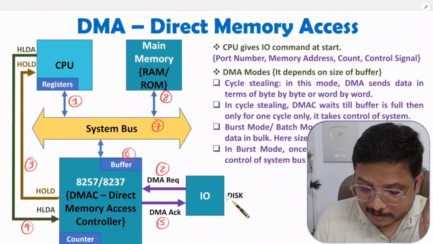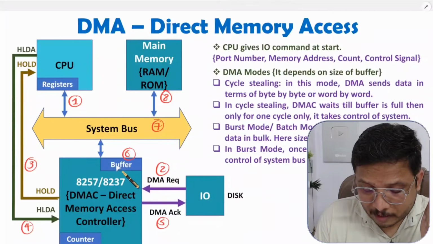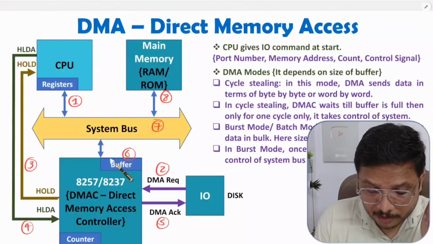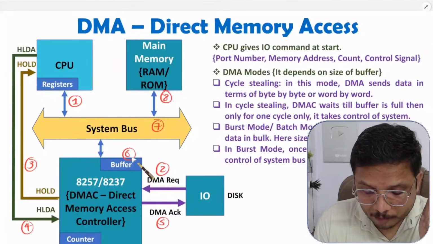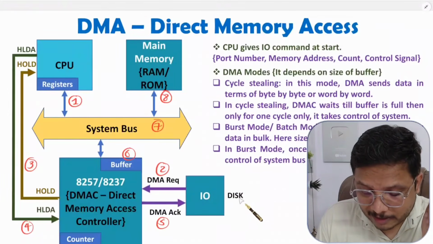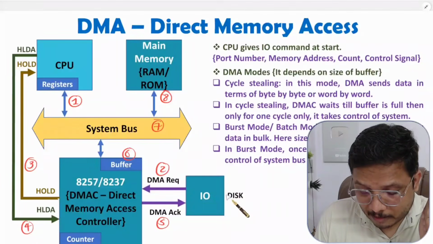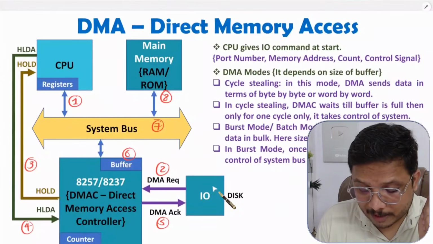So here disk is transferring data to the buffer first. We are not transferring data from buffer to main memory till this buffer is full. Disk is a slower device, right? So the disk will take time to fill this buffer. This time period which is required to fill this buffer from disk is referred to as preparation time.